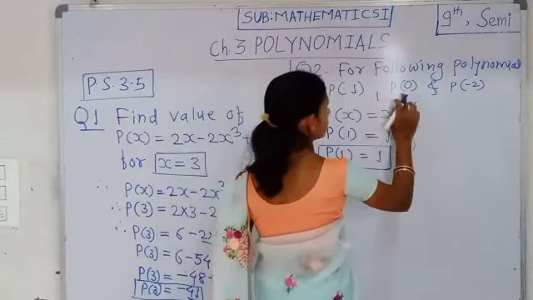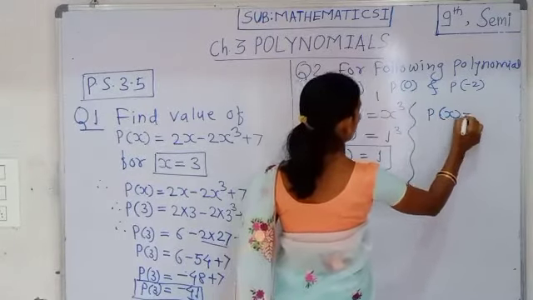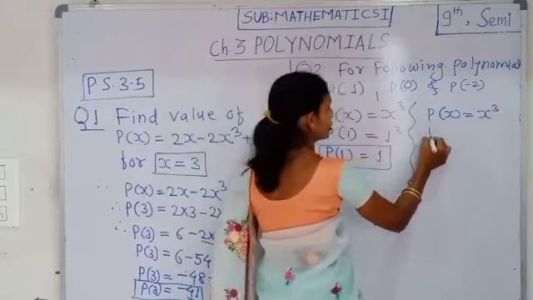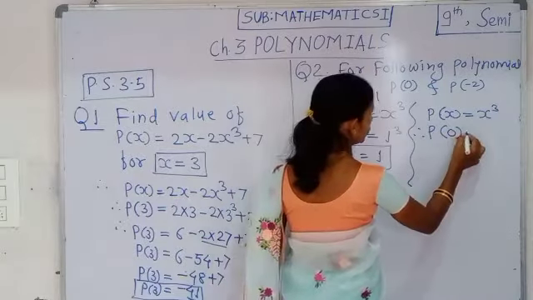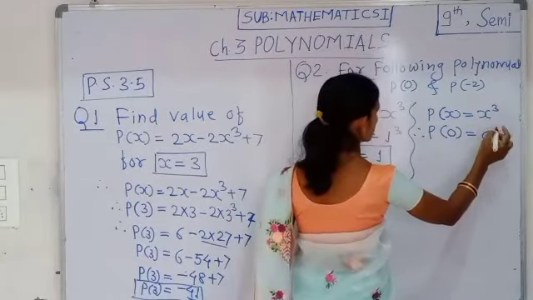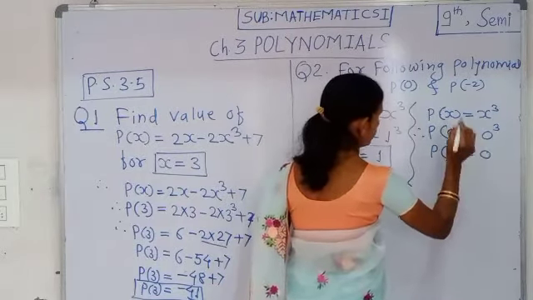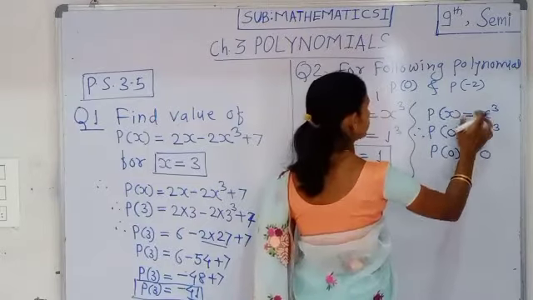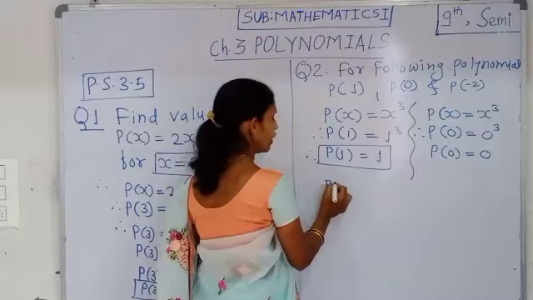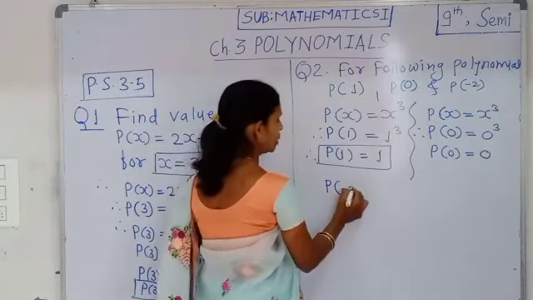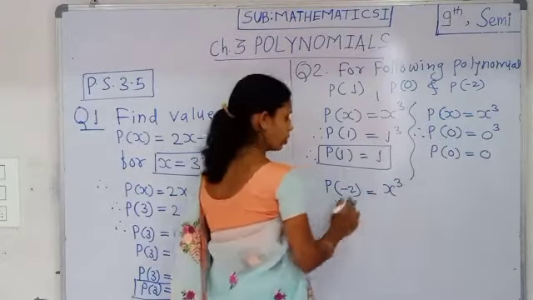Similarly for p(0), p(x) equals x cube for this polynomial. Therefore p(0), putting the value of x, is 0 cube, that is 0. That is the value of this polynomial for x equals 0. As well, we have to find the value of p(minus 2) for the same polynomial.